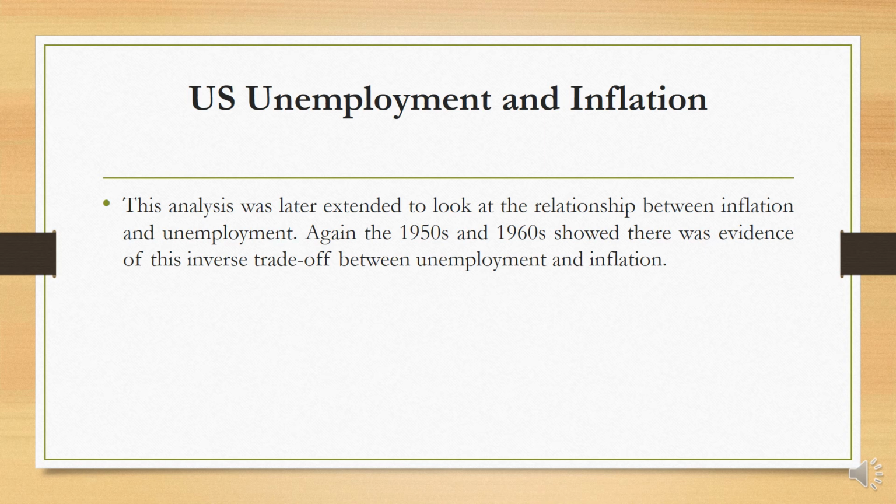This analysis was later extended to look at the relationship between inflation and unemployment in the US. Again, the 1950s and 60s showed evidence of this inverse trade-off between unemployment and inflation.